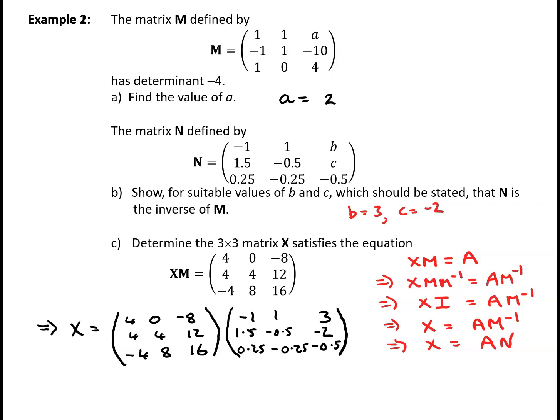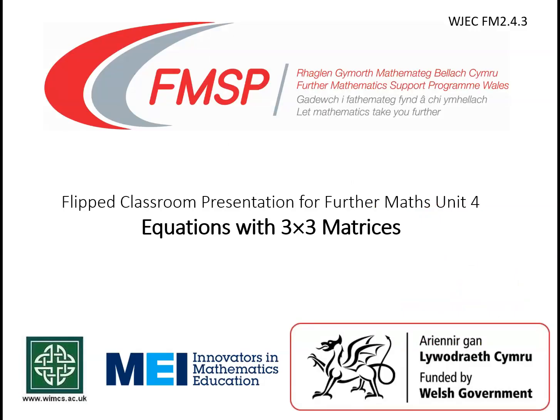And all that remains to be done now is to carry out that matrix multiplication, which turns out to give us X equals minus 6, 6, 16, 5, minus 1, minus 2, 20, minus 12, minus 36. So we've seen a couple of ways in which we can use 3 by 3 matrices to solve equations.